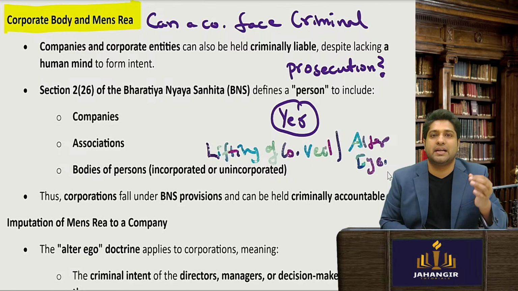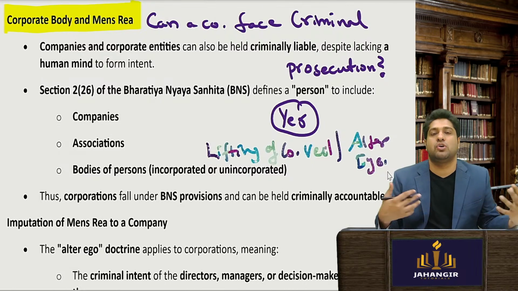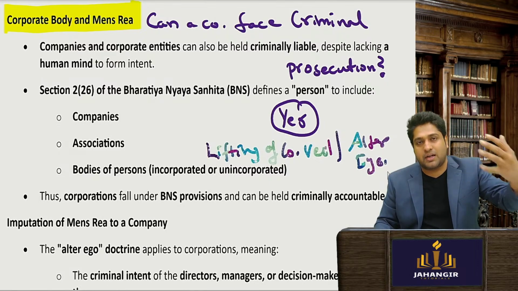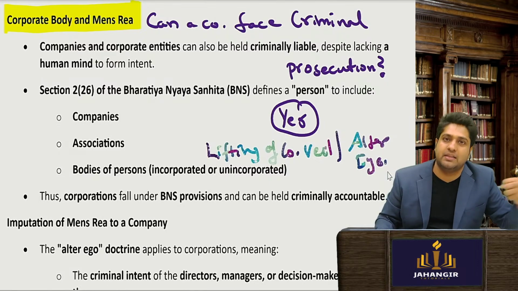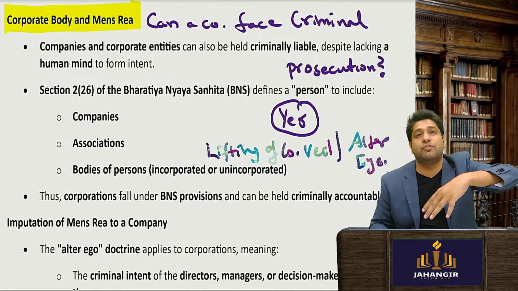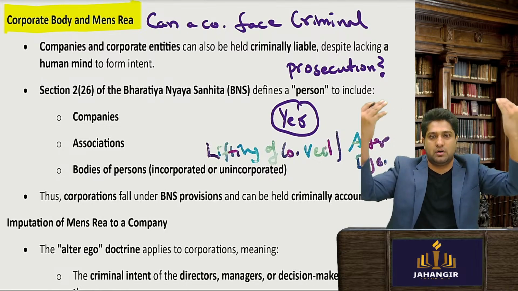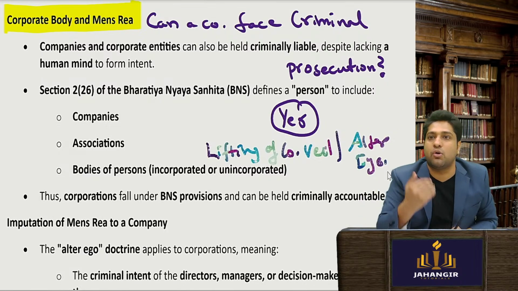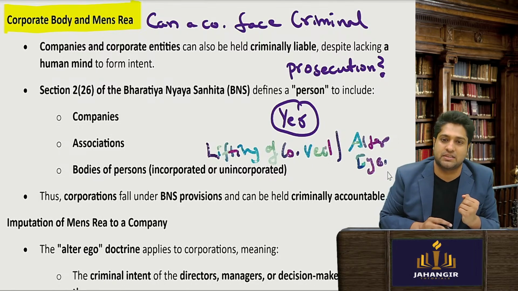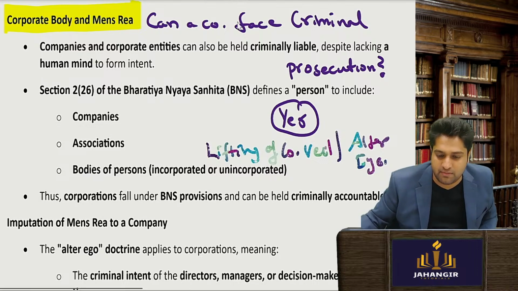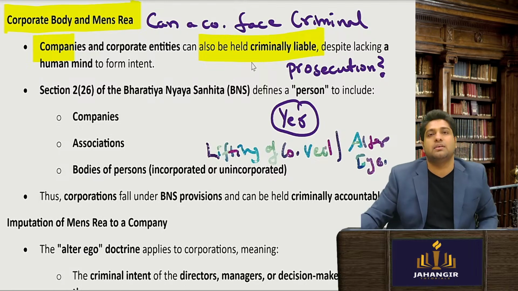Here what they say is that a company itself cannot commit a crime. It is the wrongdoers who are running the company who are committing the crime. So we have to lift the corporate veil, the corporate partition, the corporate shell, to see who are the wrongdoers behind, who are running the company, who evaded the tax, and then put them under criminal laws. So again, very important, companies can also be held under criminal law.